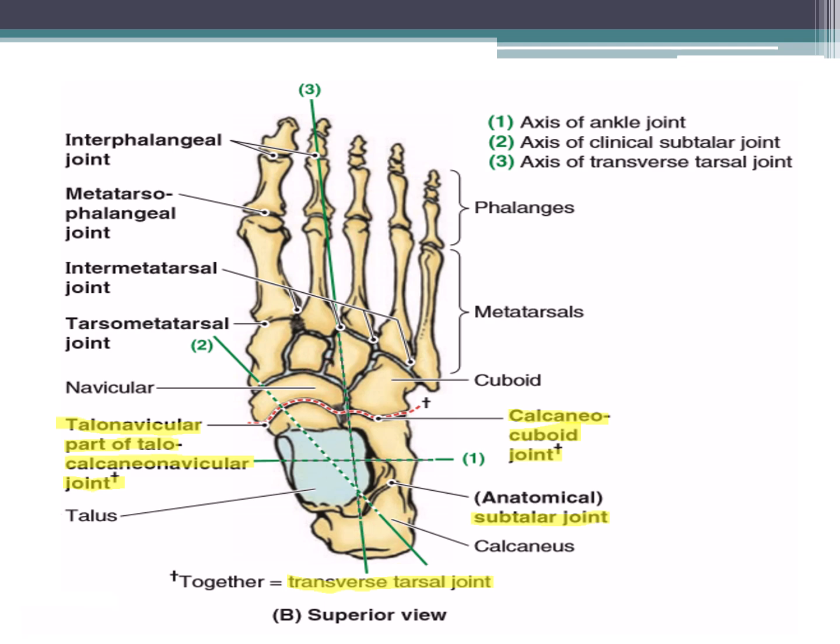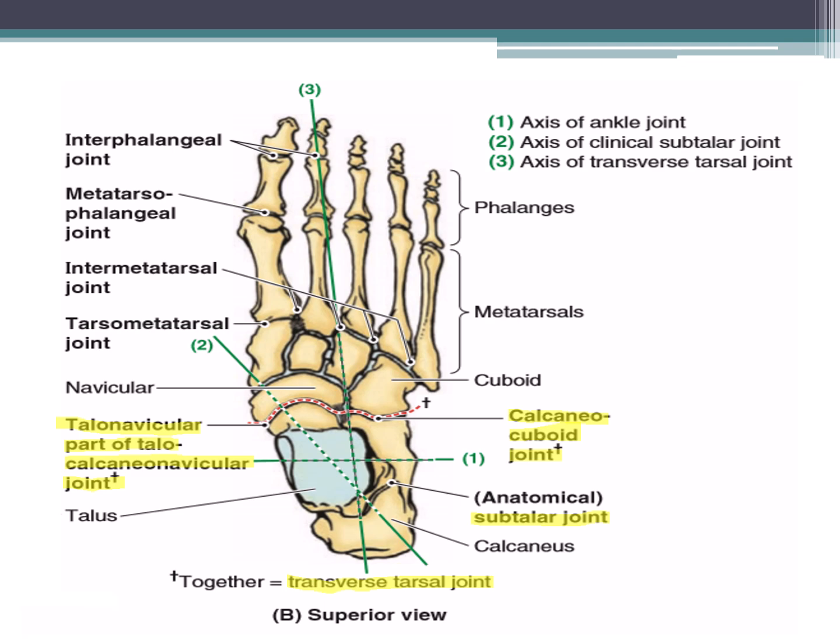So around this transverse plane, the midfoot and the forefoot rotate as a unit on the hind foot around a longitudinal axis. This is the axis of the transverse tarsal joint, the longitudinal axis, and again the movements occurring are eversion and inversion.